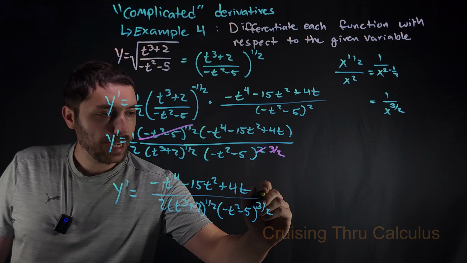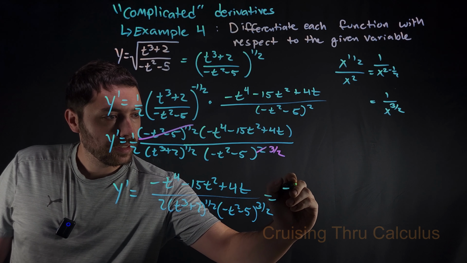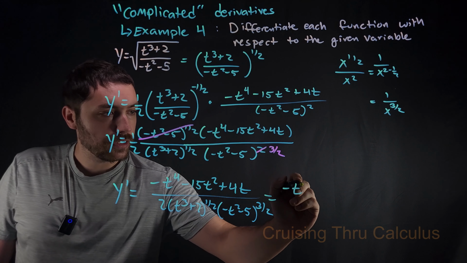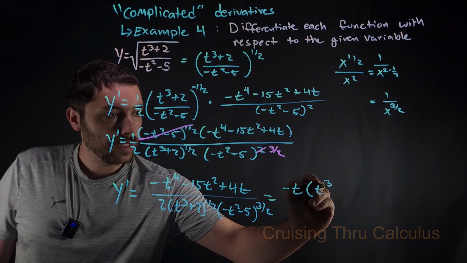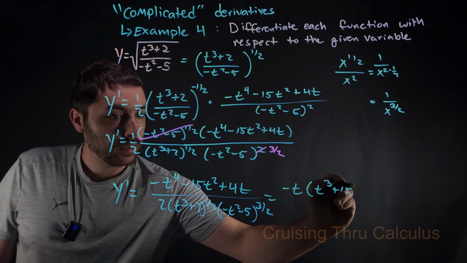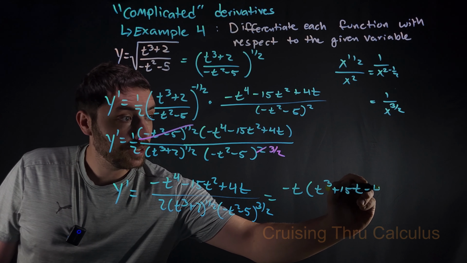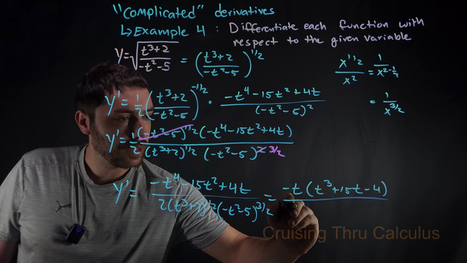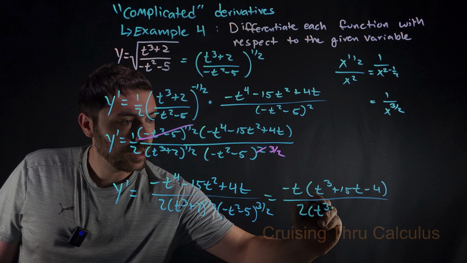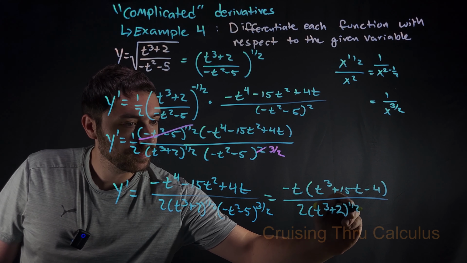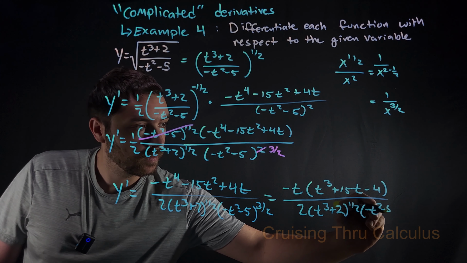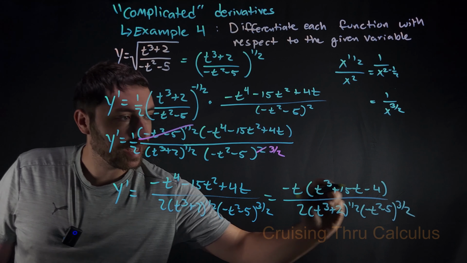So why don't we factor out a t? In fact, I'm going to factor out a negative t since it starts with a negative here. So we'll get t cubed plus 15t minus 4 all over the denominator. There we go. That's better.